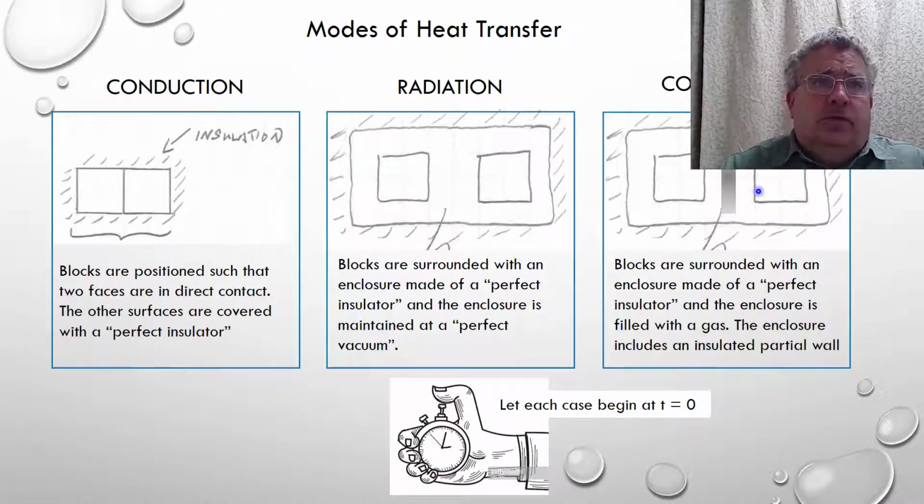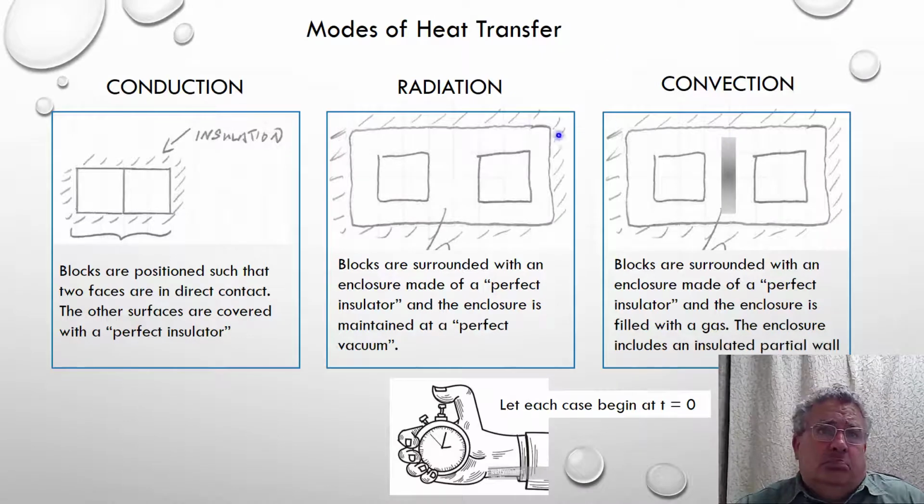Each case will begin at time t equals 0. Nothing's changed. One of the blocks is 100 degrees C, the other is 50 degrees C. The blocks are made of the same material and are the same size, and the only thing that's different is the relative position and the system they're contained within.